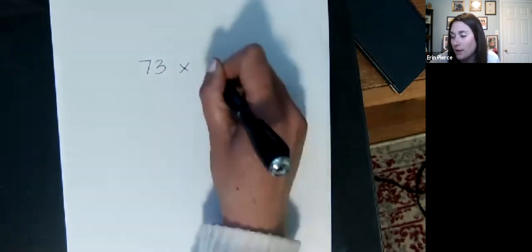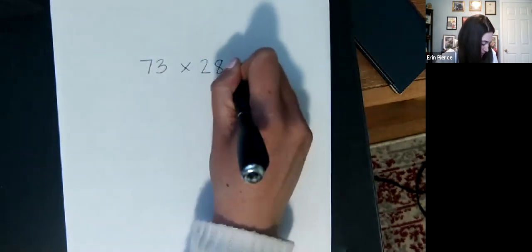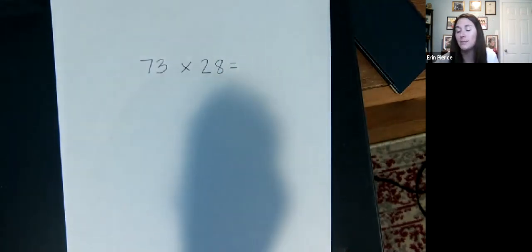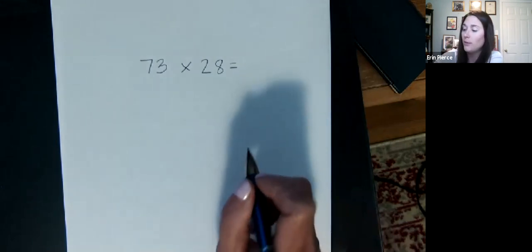Let's say, I don't know, 73 times 28 equals. 73 times 28. So we draw our box.